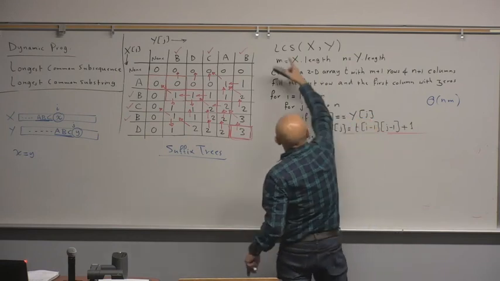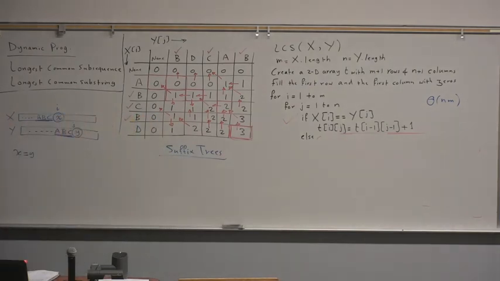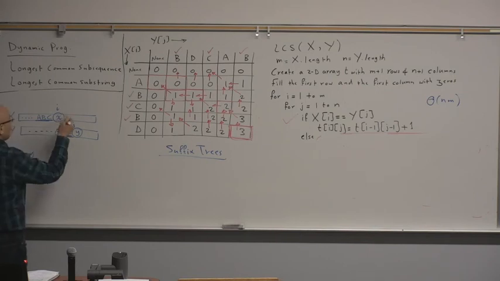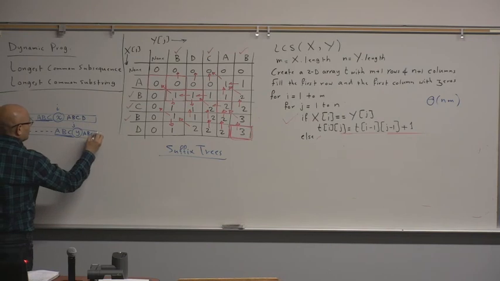So now longest common S stands for substring. But now what if I and J are not equal? The difference between the longest common substring and the longest common subsequence is that in substrings I cannot skip. So assume that X and Y are different characters. Now what if I have after this, for example, A, B, C, D and A, B, C, D?